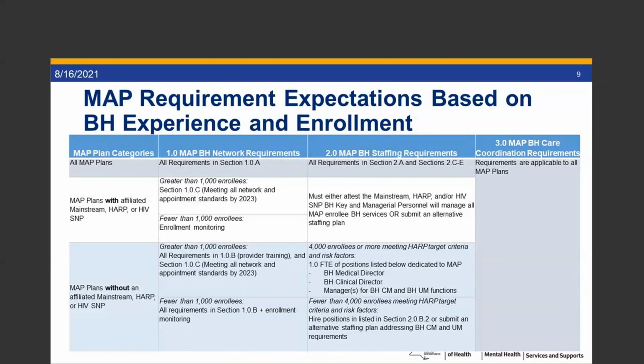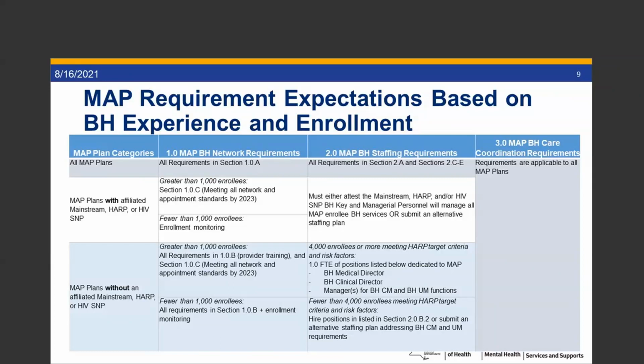Let's see here. What is the timeline for DOH to review the September 15th and September 24th submissions and then provide the plan's feedback? Is there any anticipated time frame the plans could be looking at?